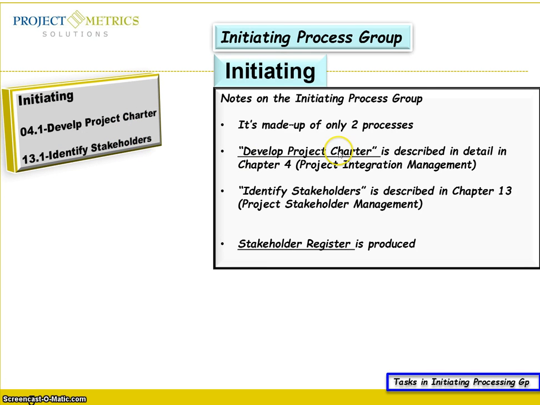Develop project charter is described in detail in chapter 4, in project integration management. And number two, identify stakeholders is described in chapter 13, in project stakeholder management. And the output of the two processes: you are going to get the project charter, and from the process identify stakeholders, the outcome is a stakeholder register.